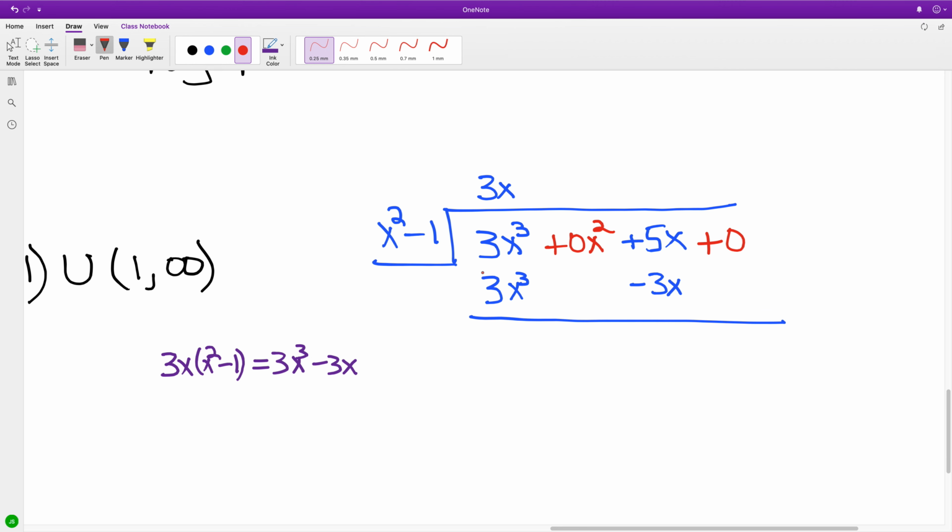And taking the difference, 3x cubed will go out, and there's nothing in x squared to bring down. And we have 5x minus negative 3x, which will be 5x plus 3x, so that is going to be 8x. So from the long division, the quotient is going to be 3x.